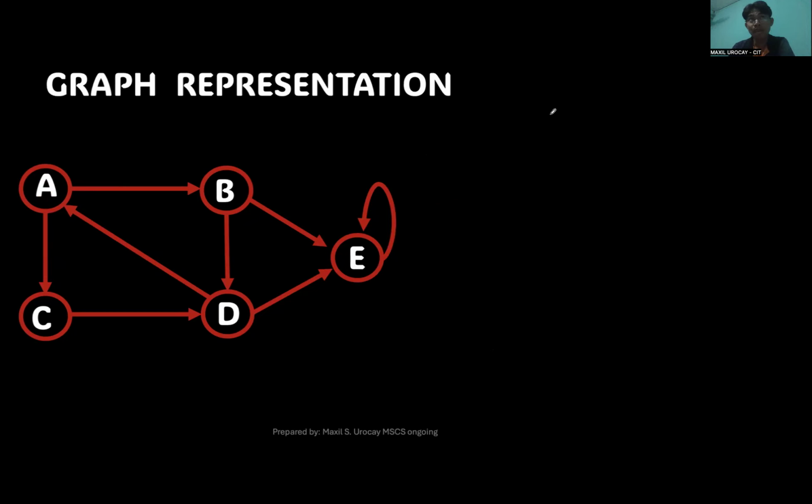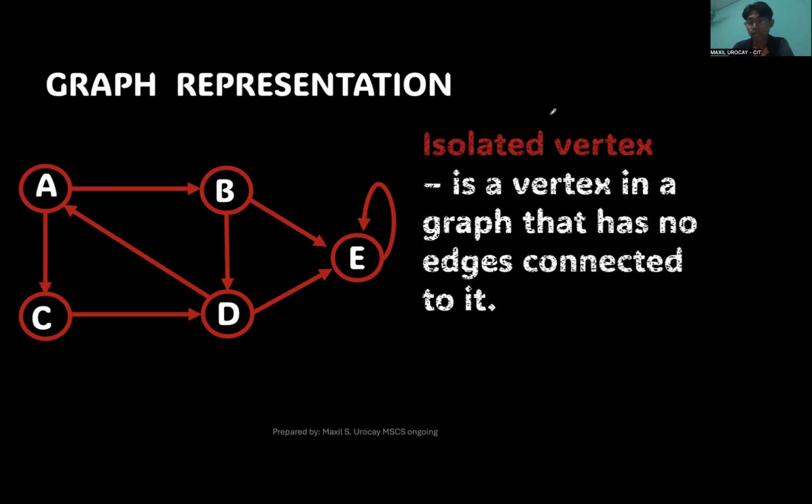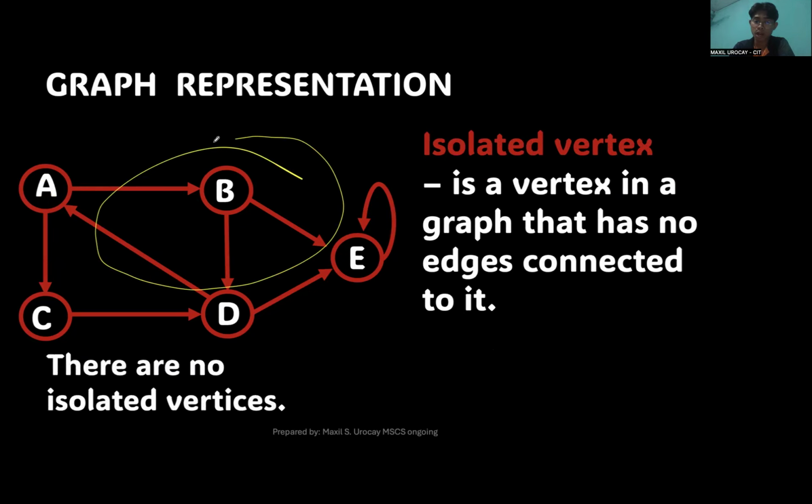When we say isolated vertex, that is a vertex in a graph that has no edges connected to it. If I ask you, is there any isolated vertex in that graph right now? There is nothing. There are no isolated vertices in that one.